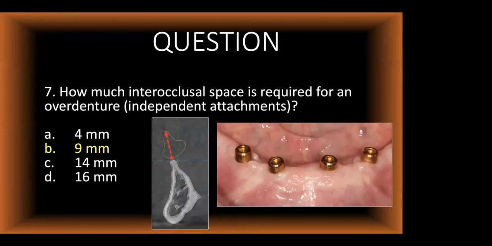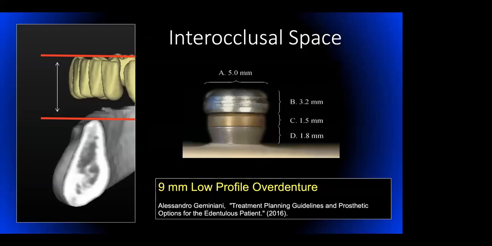Now, let's talk about this. If you look at the studies, a locator is the lowest profile attachment. What a lot of people don't realize is that you need space on the buccal and the lingual. So you have to be very careful.